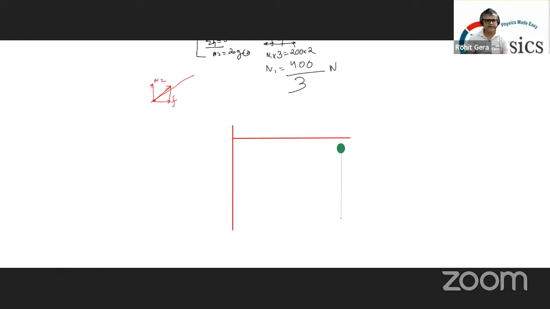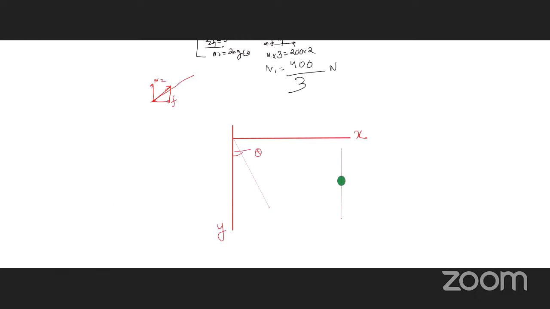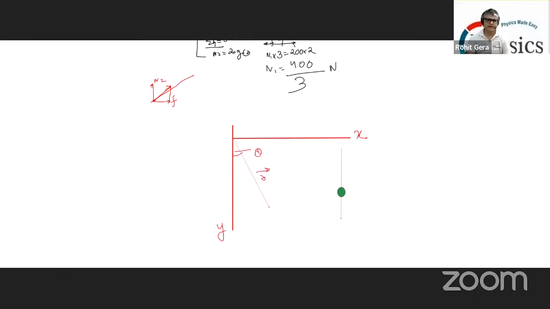So this is the y-axis, and this is the x-axis. This is theta. अच्छा. This is r. ऐसे गिर रहा है.